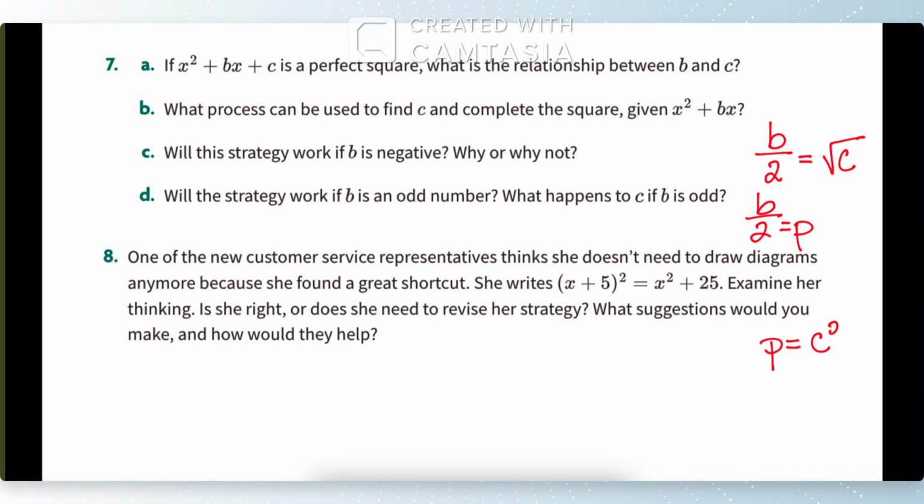So we could take the square root of those values and we should get the same thing. If we took the square root of c, we should get our p value.